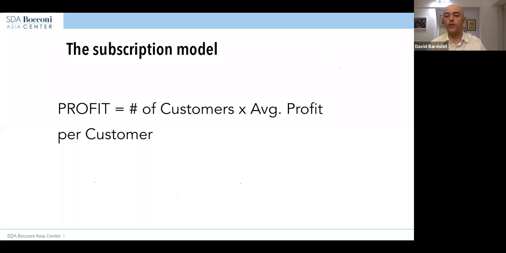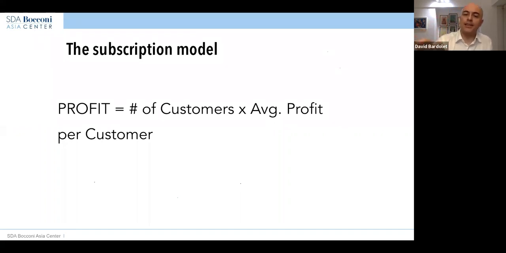Now, again, I want to break down the second part of this formula. The number of subscribers, again, is a measure that we know perfectly well. We go to Netflix, we go to Hotstar, we go to LinkedIn, we go to YouTube, and they're going to tell us how many subscribers they have, YouTube obviously and LinkedIn for the premium version. We know that.